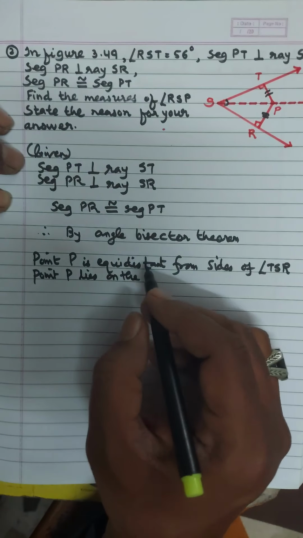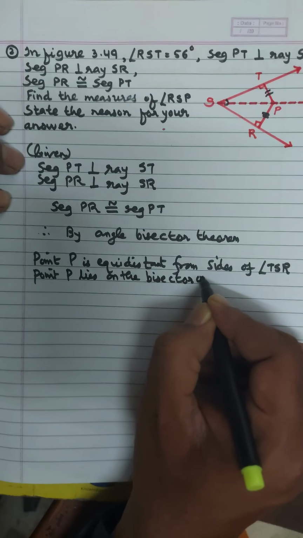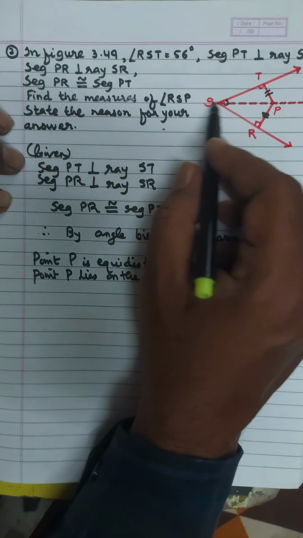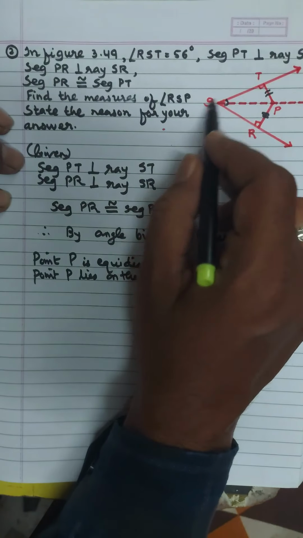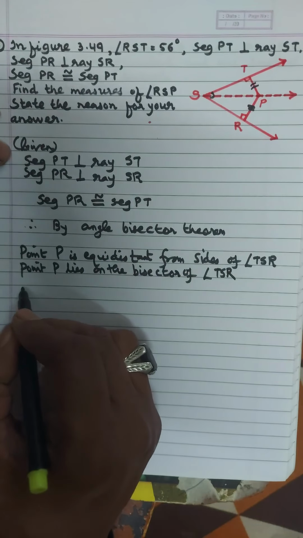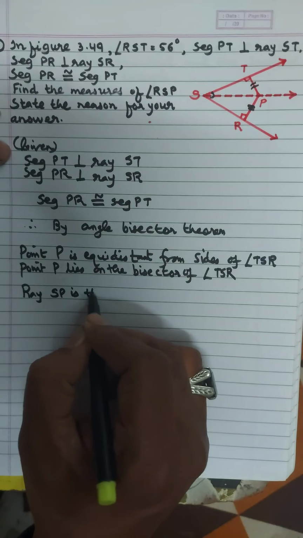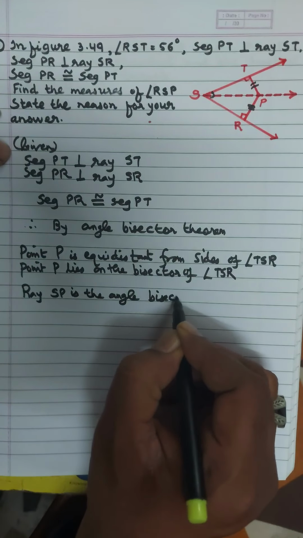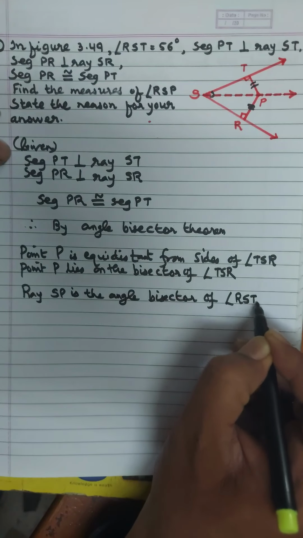So point P lies on the bisector of angle TSR. And what is ray SP? Ray SP is the angle bisector of angle RST. So we need to write here: ray SP is the angle bisector of angle RST.